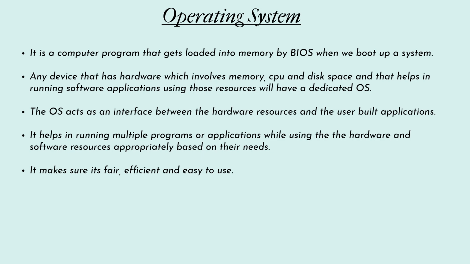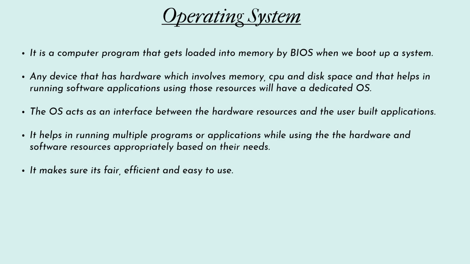So any device that has hardware which involves memory, CPU, disk space, and it helps in running software applications on top of it, will have a dedicated OS. It could be your phones, laptops, tablets, it could be your infotainment systems in the car, smart home devices, AirPods, the AR, VR glasses which are coming out these days.